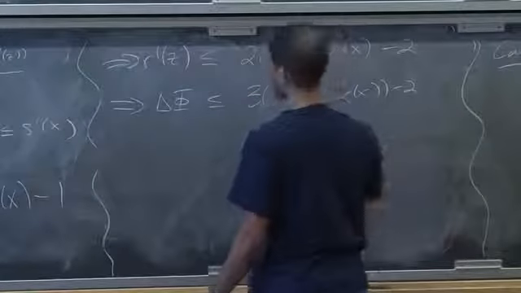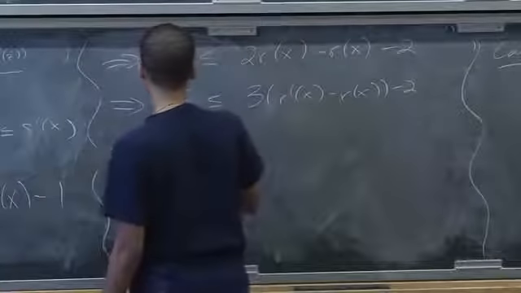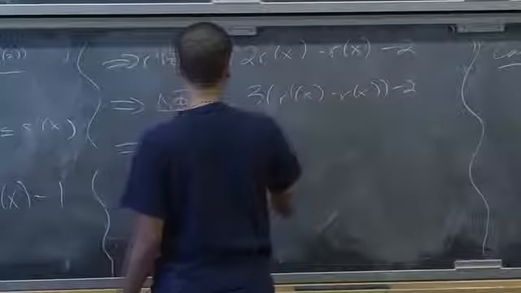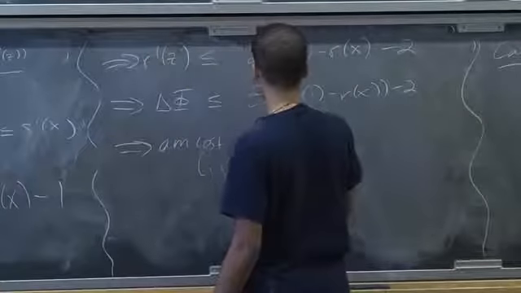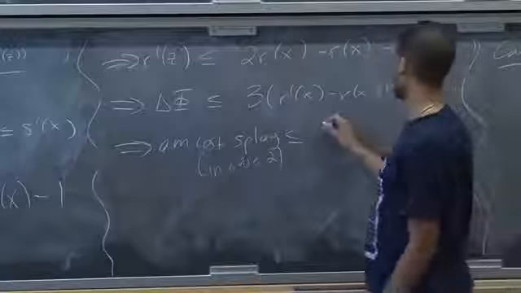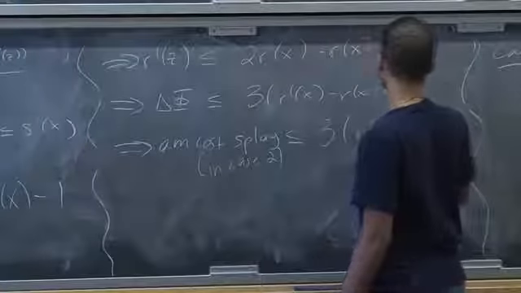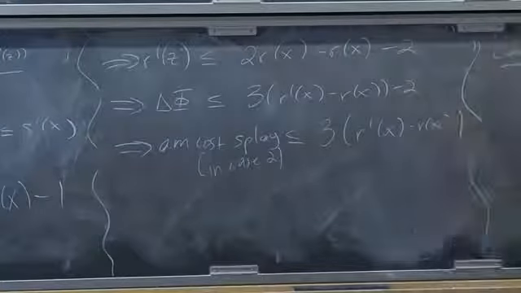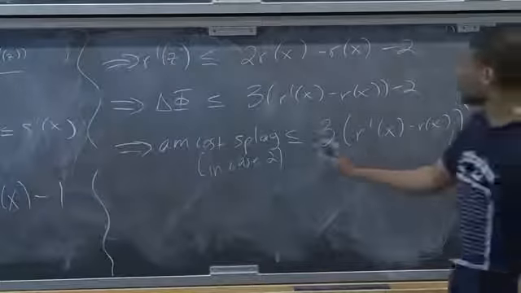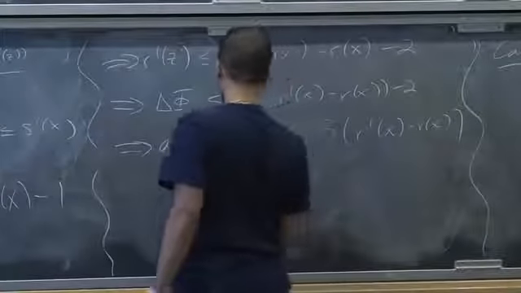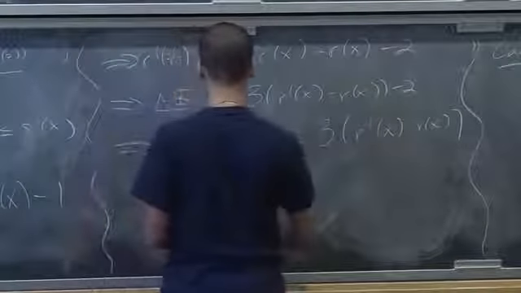Which, as I said before, implies that the amortized cost of splay in case 2, anyway, and it's also going to be true for case 3, is at most 3 times r prime of x minus r of x. Sorry, so the amortized cost of case 2 is what I really meant to say.